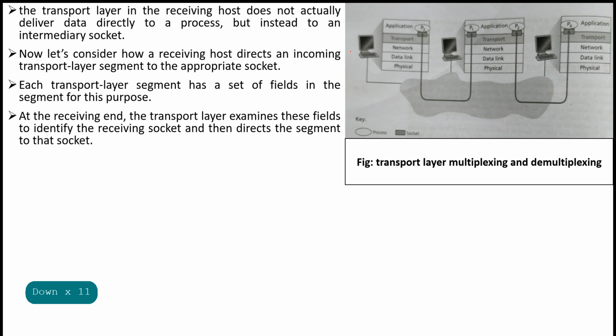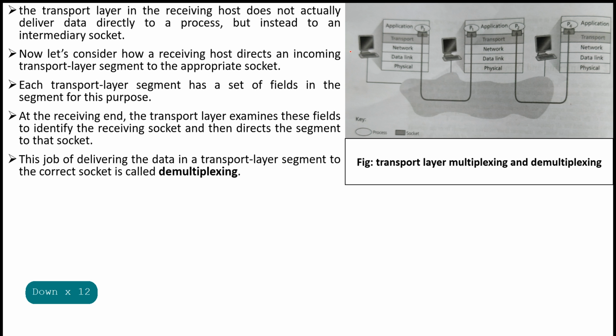At the receiving end, the transport layer examines these fields to identify the receiving socket and then directs the segment to that particular socket. This job of delivering the data in a transport layer segment to the correct socket is called demultiplexing.